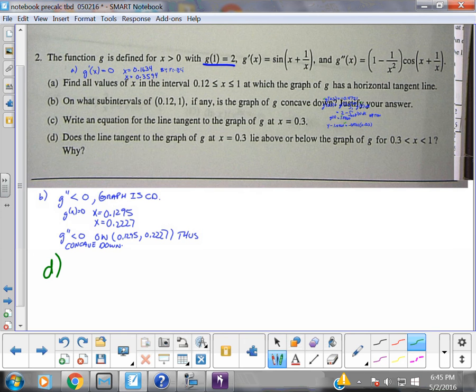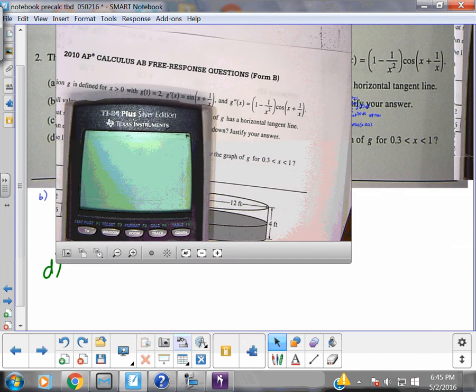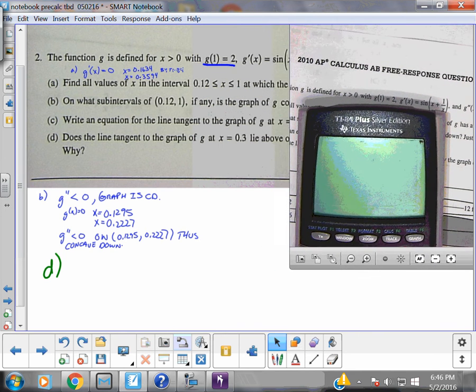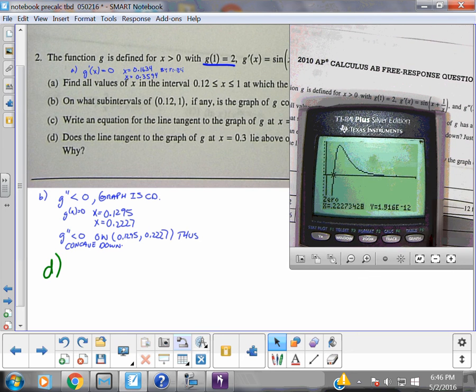I'm going to put letter D here in green, so we keep them separate. I'm going to have to turn my calculator on again. But remember, this is a problem where we had already been here. And we know that from 0.3 to 1, it's positive.